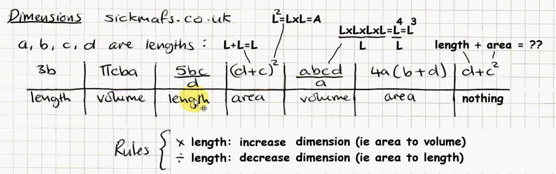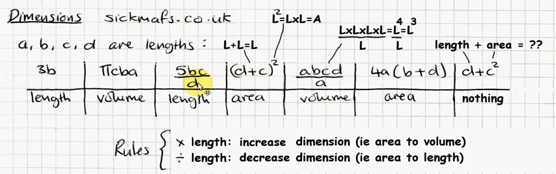That's another example done. Here's another example. We've got a length times a length, which is an area, times a number. The number does nothing. Remember, you can only times or divide by a length. So length times a length is an area, times a number does nothing, so it's still an area. But now I divide by a length, and dividing by a length decreases the dimensions.